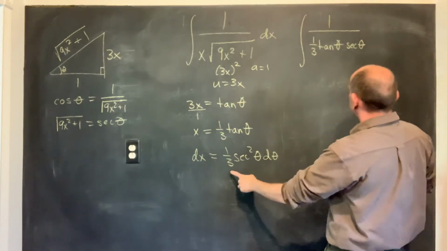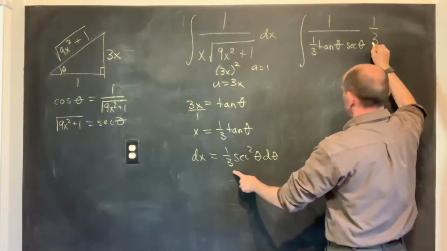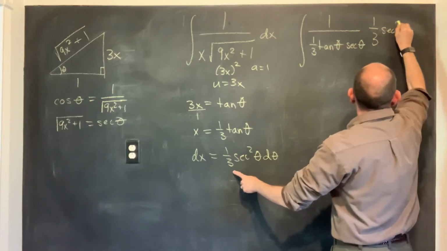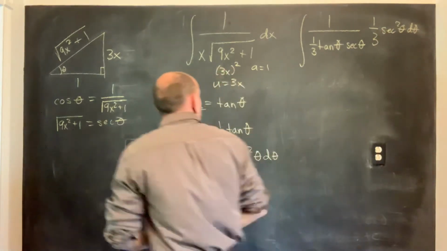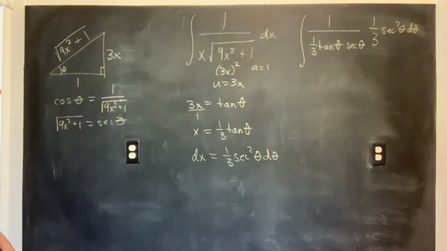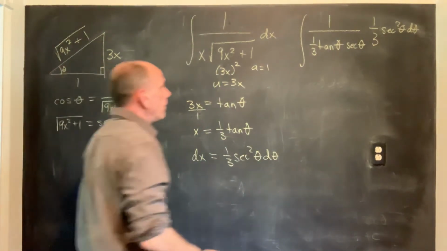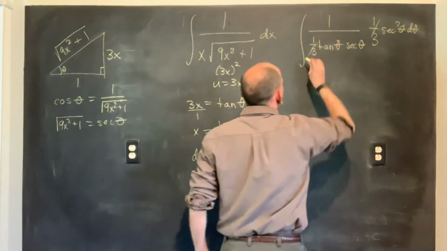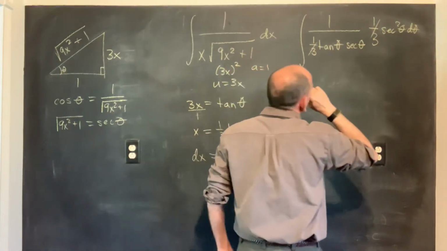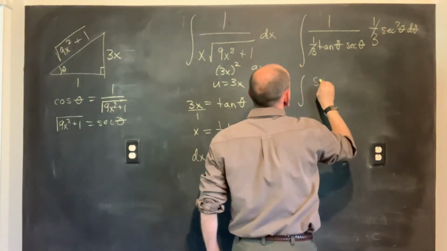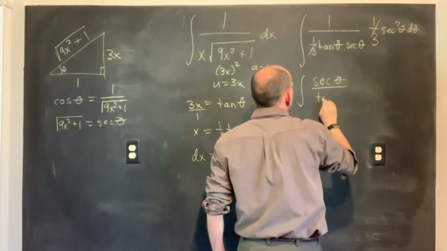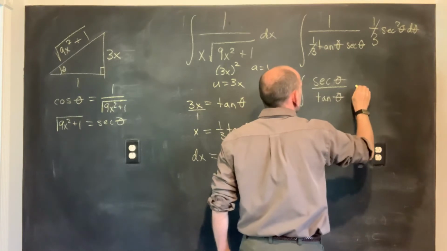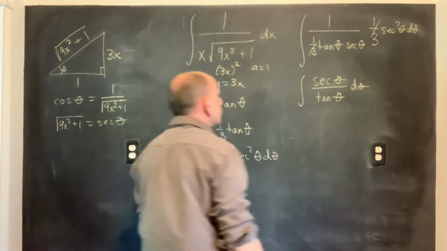And dx is 1/3 secant squared theta, d theta. All right, well, 1/3 over 1/3, those become 1. Let's see, I've got a secant upstairs, secant theta, and a tangent downstairs, tangent theta, d theta.